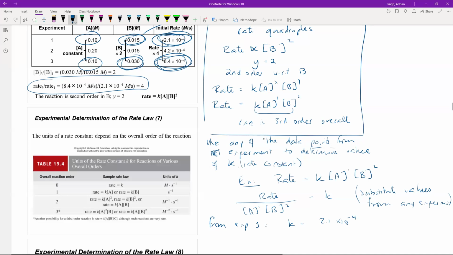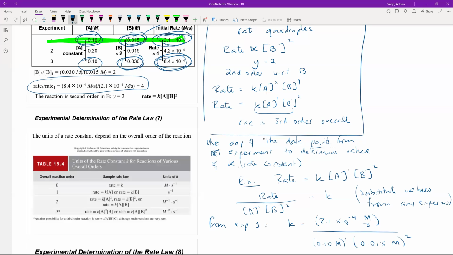Let me highlight these up here so we know which one we're using. 2.1 times 10 to the -4, and that's molar per second. That's the rate divided by the concentration of A, which is 0.10 molar to the first power, and then the concentration of B, 0.015 molar, squared.